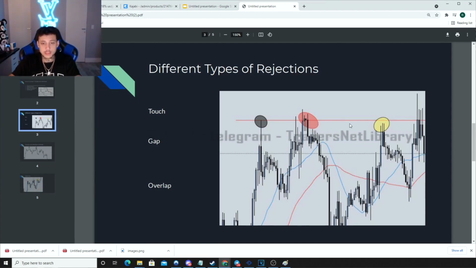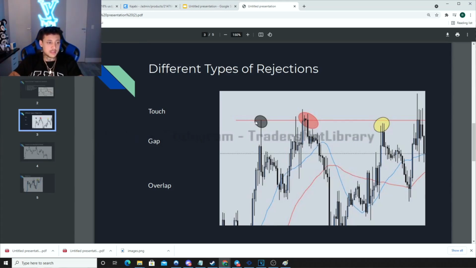Now again, support and resistance should always be considered as an overall zone, but for the example of the video, I just have a line. Personally, when it comes to my trading, I like to be as accurate as possible with my support and resistance levels. This is why I just make one horizontal line, and this is where I place my level. We're going to go over placement in the following sections.